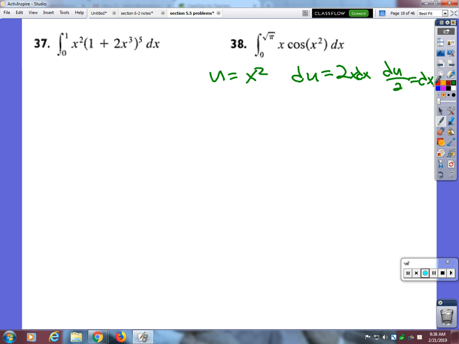Oh, sorry. There's an x right there. That's bad of me. Okay, so then it becomes the integral from, if you plug 0 in here, you get 0. If you plug square root of pi into there, you get pi. So this is 1/2, and then this is cosine u.